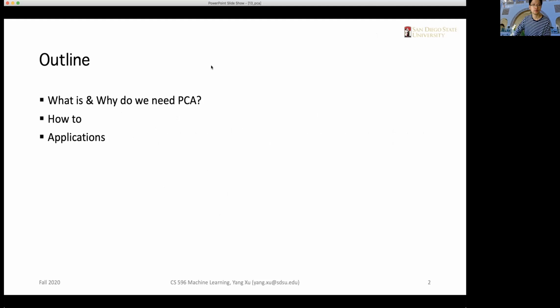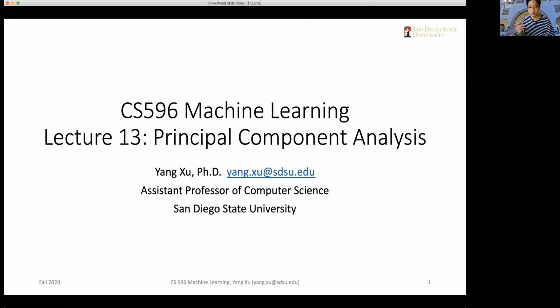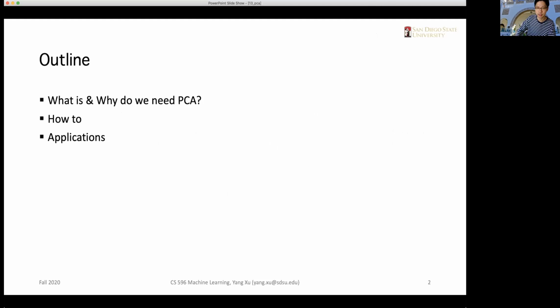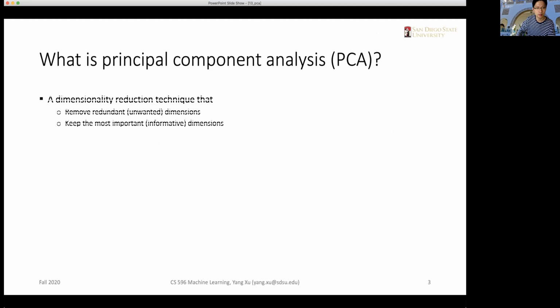First, let's look at what PCA is and why we need to use such a principal component analysis technique. To put it simply, it is a dimensionality reduction technique, and what it does is remove the redundant or unwanted dimensions.